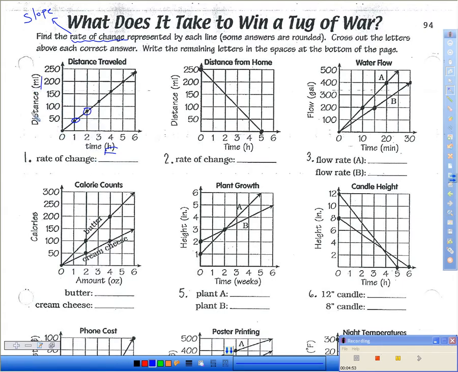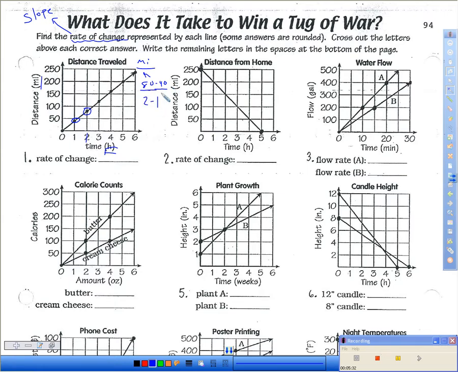If we want to find miles per hour, then on top we would need to subtract two of the values that we see for miles. The miles for this second dot would be somewhere around 80, and the miles for this first dot would be 40. So 80 minus 40, and then we need to subtract the corresponding hours, which are hours 2 and 1. So on the bottom we would have 2 minus 1.